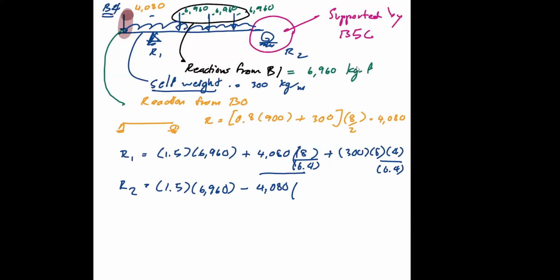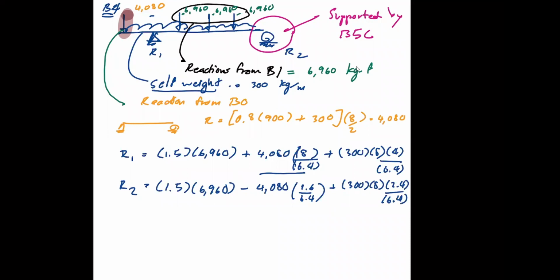Because you need to add them up and be equal to 0, right? So it's 1.6 over 6.4, and then this is 3, 8, and 2.4 over 6.4. Okay, you don't have to do this, but for me it's quicker.